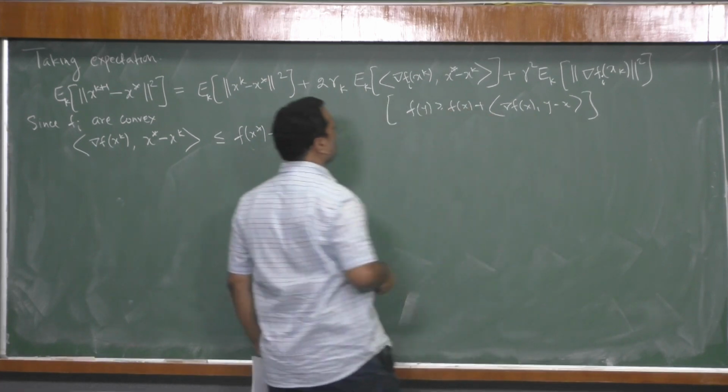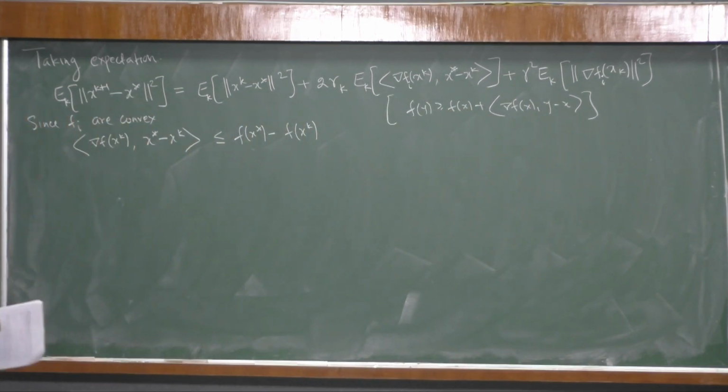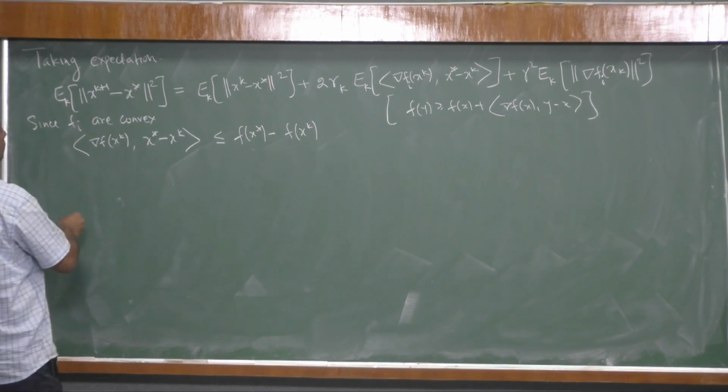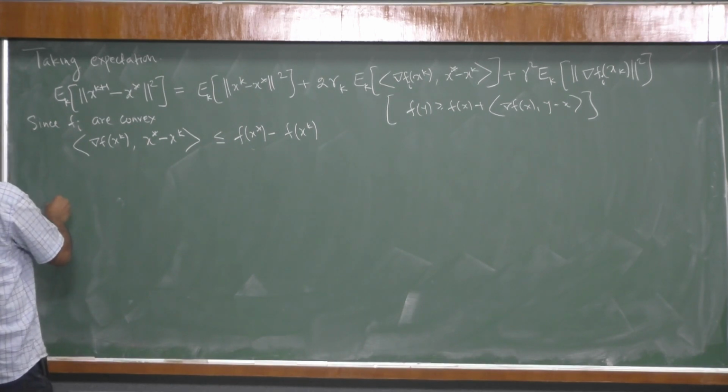With a proper choice of x, in this case x taken to be x_k and y taken to be x star, we have just applied that here. It seems to be exactly in the form that we have, so we can immediately bound by that.